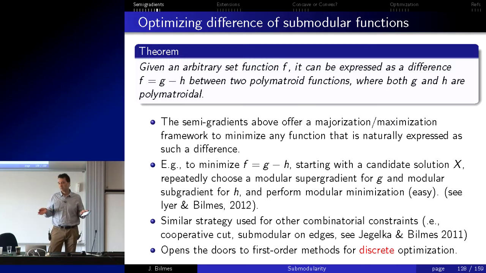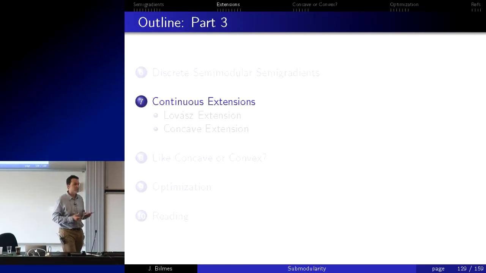And so maybe this means that some of the benefit that exists in the first order world for continuous optimization might be borrowable in the discrete world. At least that may be true. And some of it is beginning to be true based on some of the research that we've been doing.